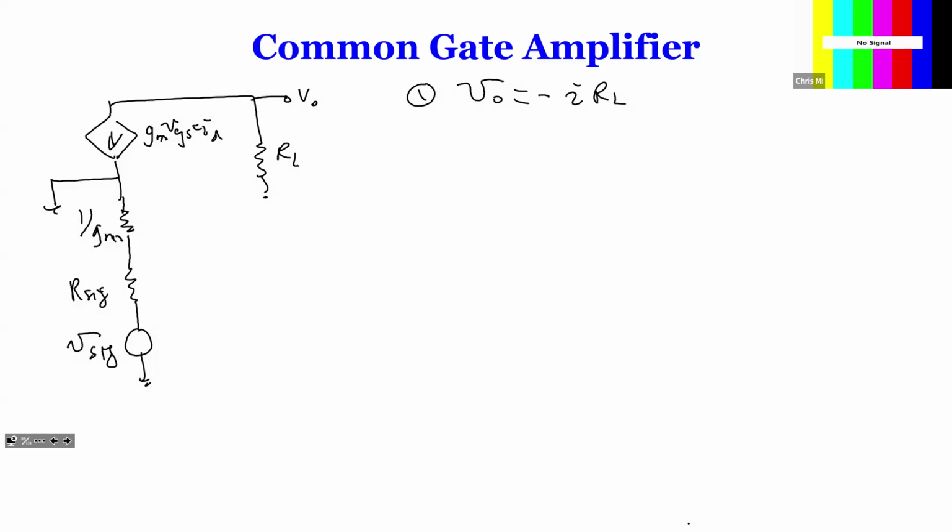So your VO, because current flowing up, so VO is I times RL, all equal to GM times VGS times, so let's call this RD. RD, yeah, sorry.